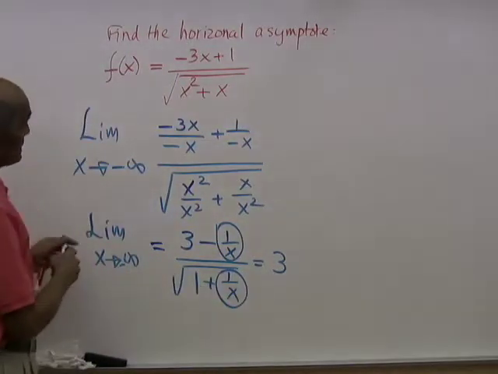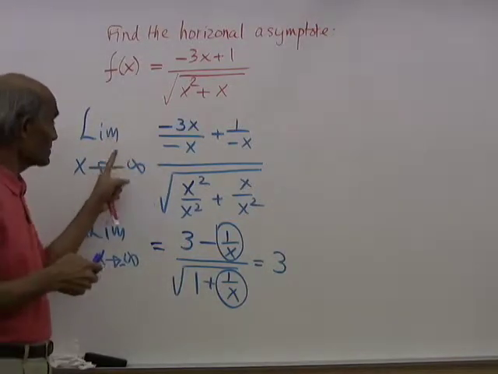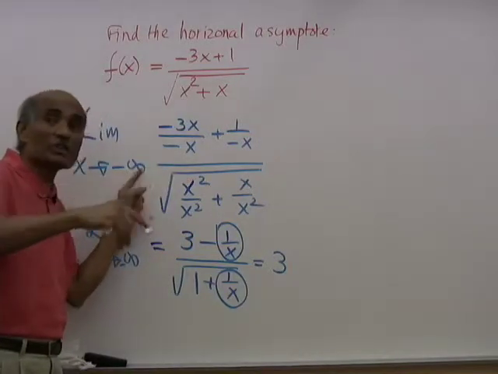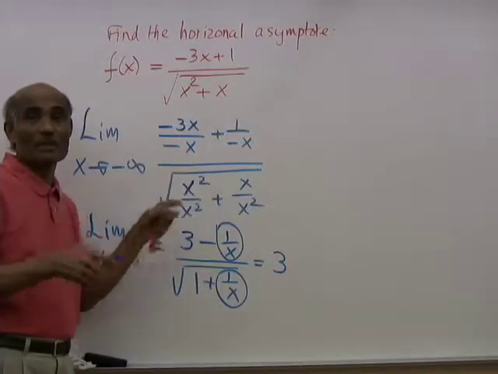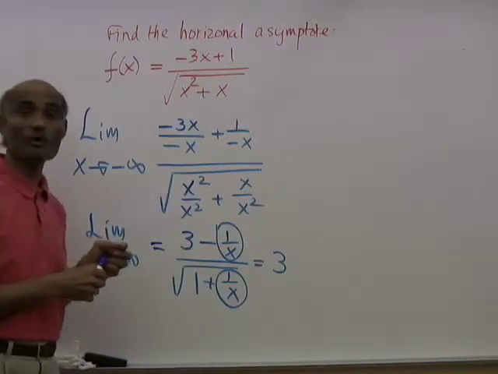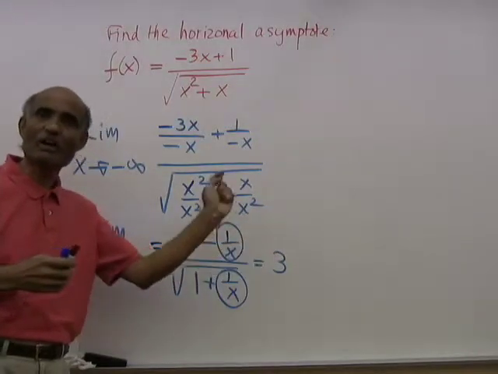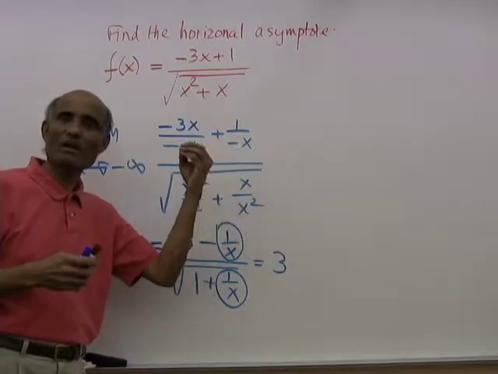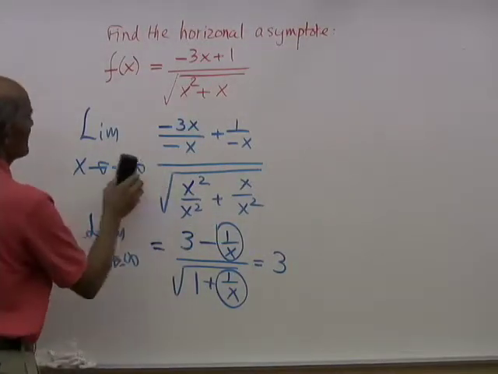Now, this is when x goes to negative infinity. And because we were finding the limit when x goes to negative infinity, we divided each term by negative x. Now, on the other hand, if I want to find the limit when x goes to positive infinity, what will I do? I divide each term by positive x. All right, let's try that now.